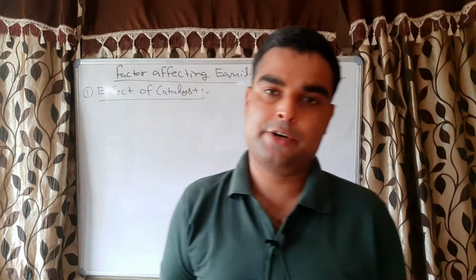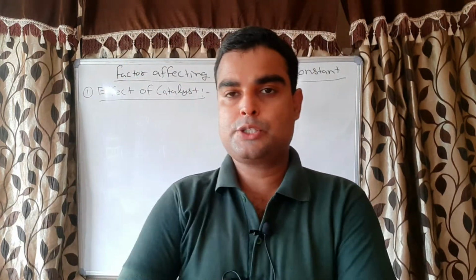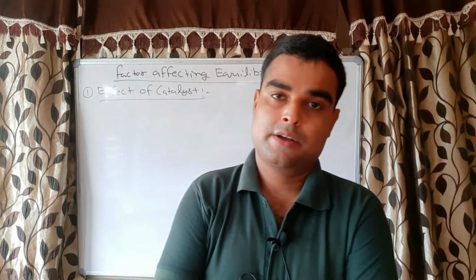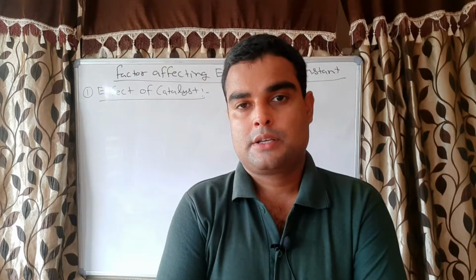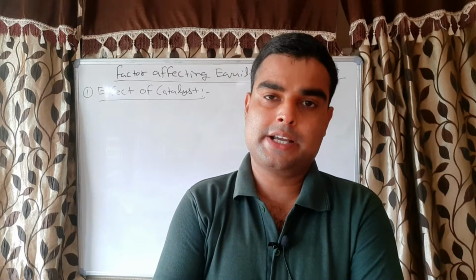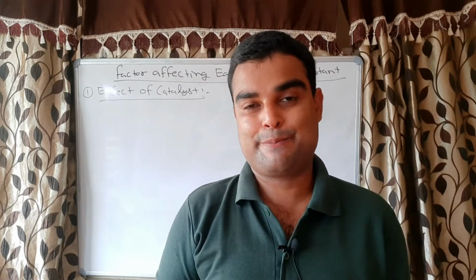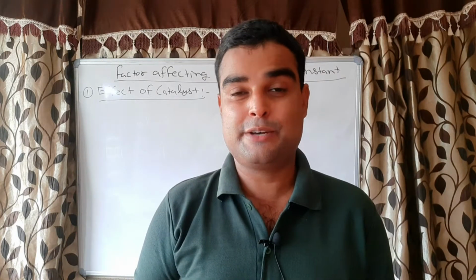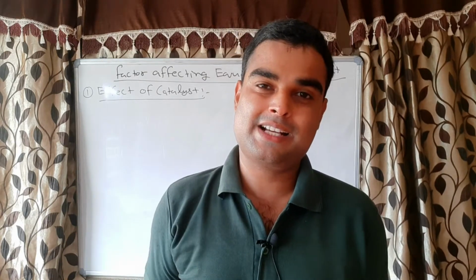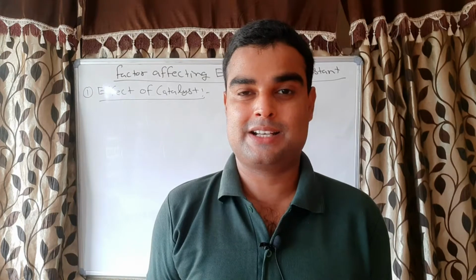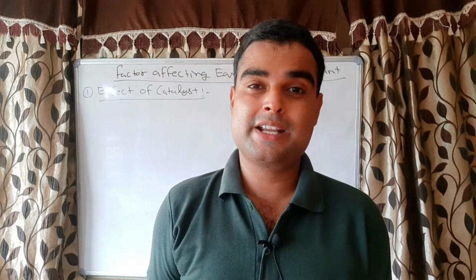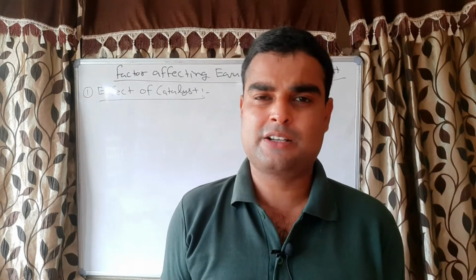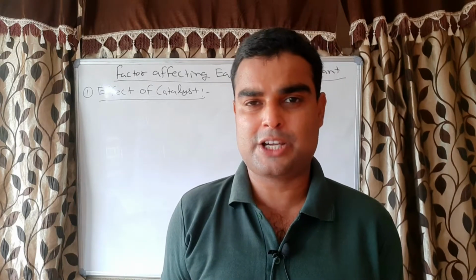Here I want to tell you there is no effect of catalyst on the equilibrium constant. Why? Because the work of catalyst is to increase the rate of reaction, but the catalyst increases the rate of reaction in both directions, forward as well as backward, and that also in equal amount, and that is the reason there is no effect of adding catalyst on the equilibrium.